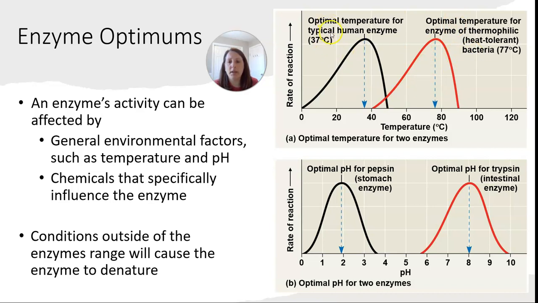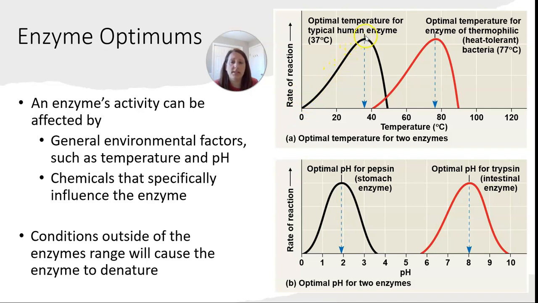And so if we look at our human enzyme shown by the black line, we'll notice that activity is pretty low at 0 degrees Celsius, right? It's cold here. And therefore, human enzymes at low temperatures won't work basically because molecular motion is really slow. But as we increase temperature, enzyme activity starts to increase.